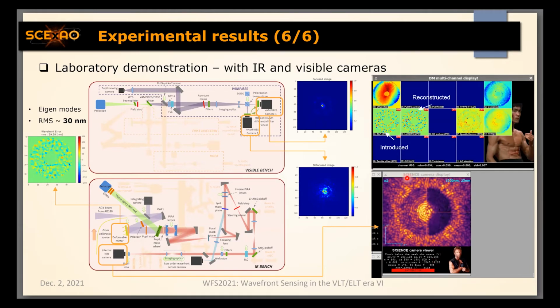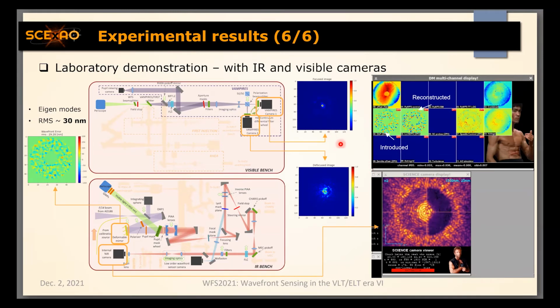Like the previous video, I introduced the random wavefront map on DM channel 4 to create the speckles in the dark hole, and took two visible images, which are not shown here.